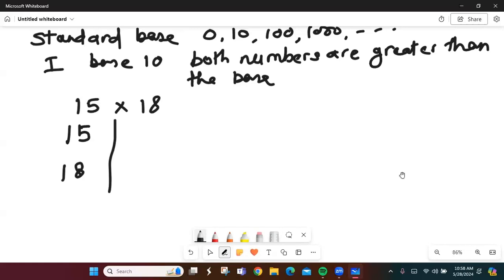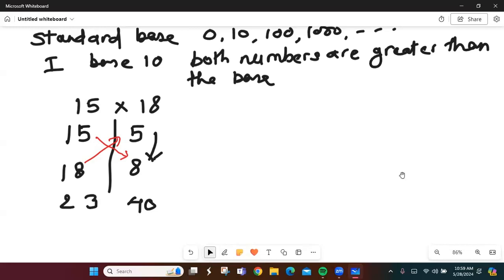Now 15 is 5 more than the standard base and 18 is 8 more than the standard base. So first you multiply 5 and 8, that is 40. And as you can see here, if I add 18 and 5, 18 and 5 give me 23 and 15 and 8 also gives me 23. So I will write 23 here.